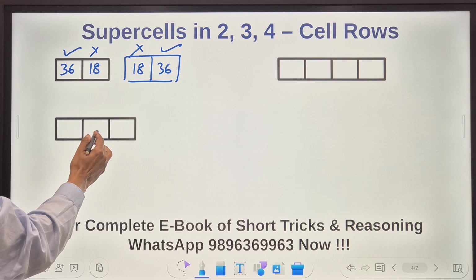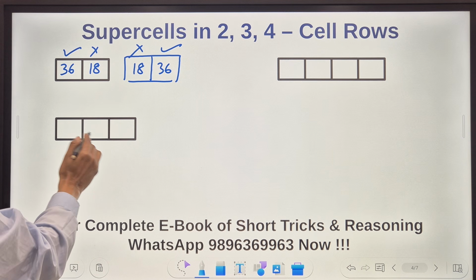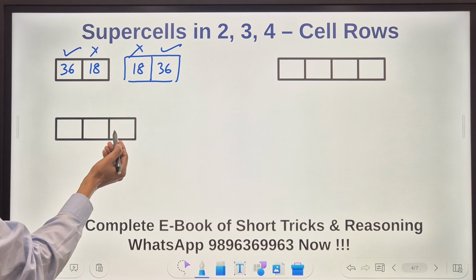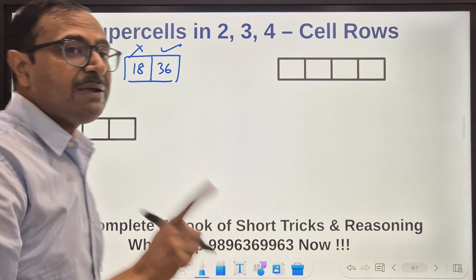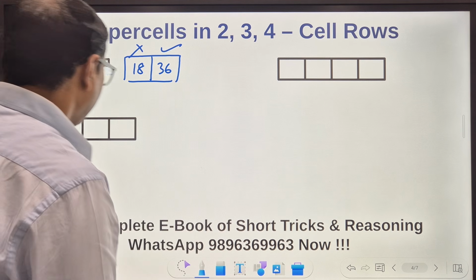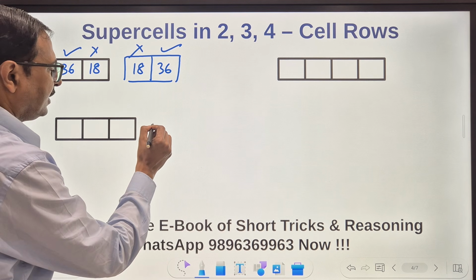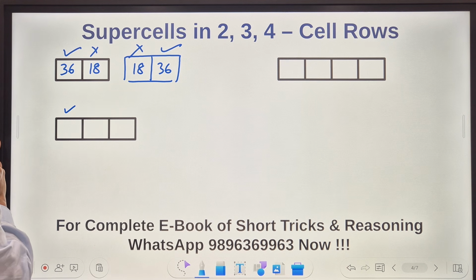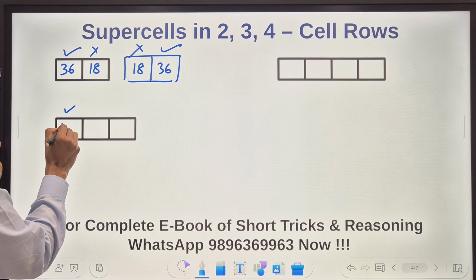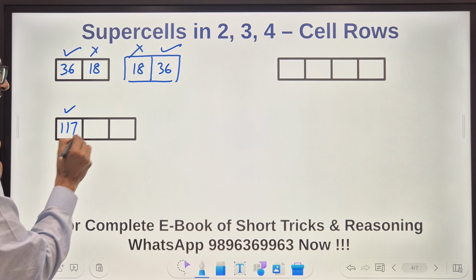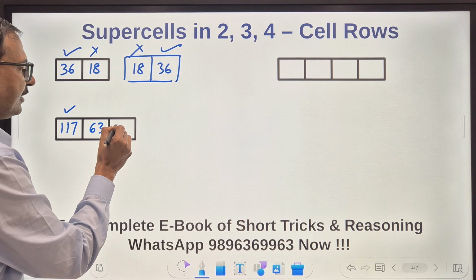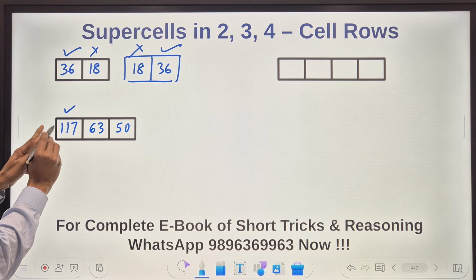Likewise, if you have a 3x1 grid here, all 3 of them can be a supercell if I want only one supercell to be there among these 3. How? Let us check. Either the first one can be a supercell and these 2 will not be supercells. Suppose I take an example of 117 here, 63 here, and maybe a smaller number like 50 here. Now only one supercell is there.